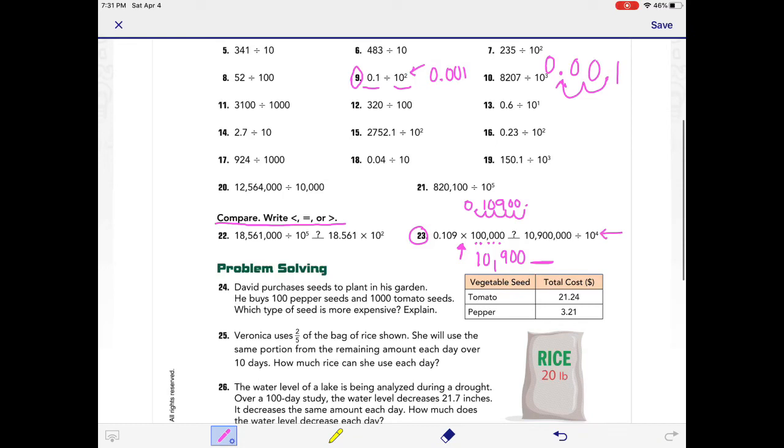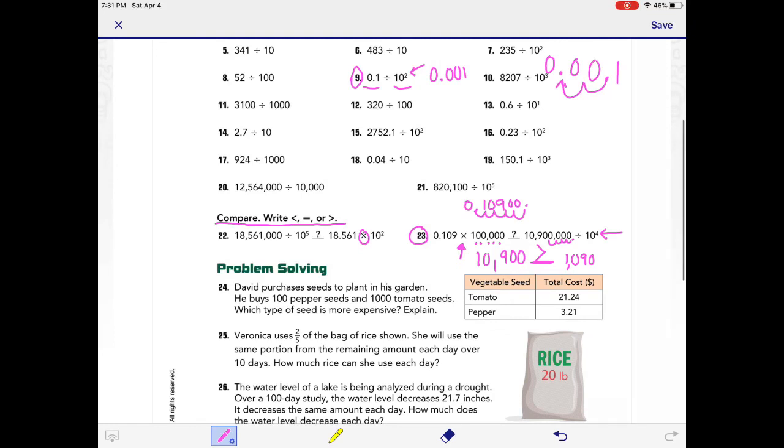This 4 tells us move this decimal point from here 1, 2, 3, 4 spots. So now we have 1,090. So this one is larger. All right. So watch out for those. See, here's another one here that's got a multiplication in it. Watch your operations. I think that should be good, guys.